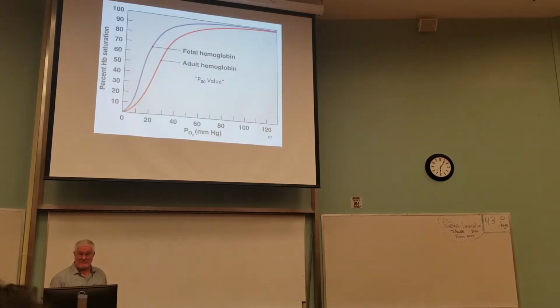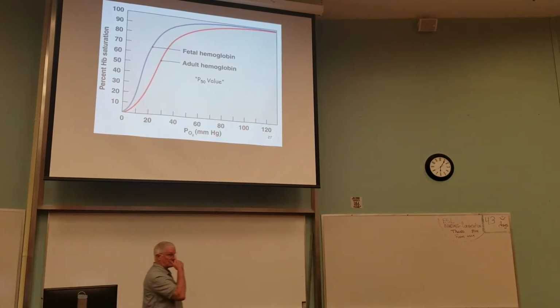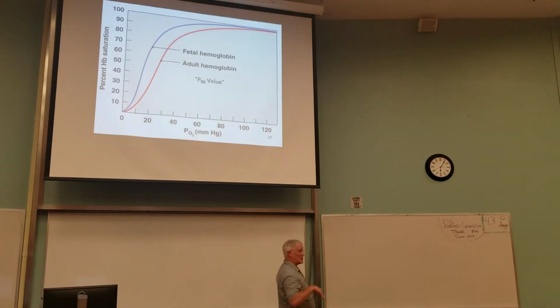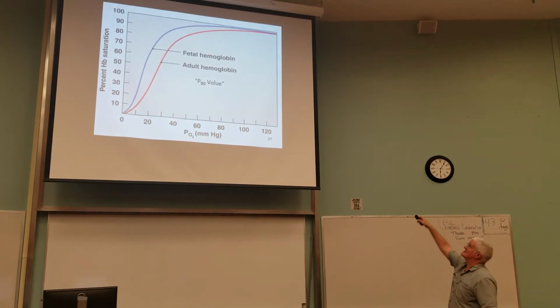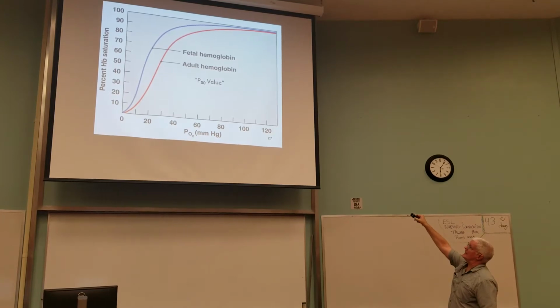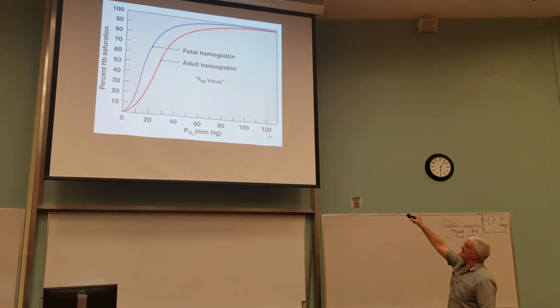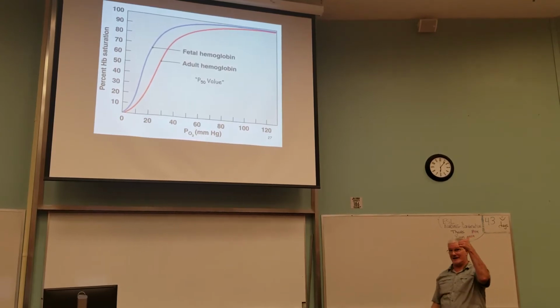We then went and talked about mom and fetuses. Again, another hemoglobin saturation curve: mom is represented by the red slope, and that's a normal adult saturation curve. And then we're comparing the fetal curve to mom, and the fetal curve is to the left of mom. So it's an increase in affinity by definition.